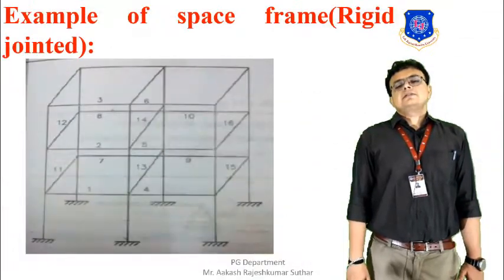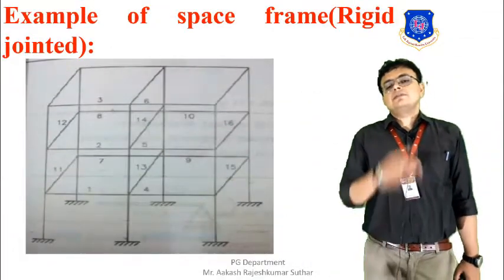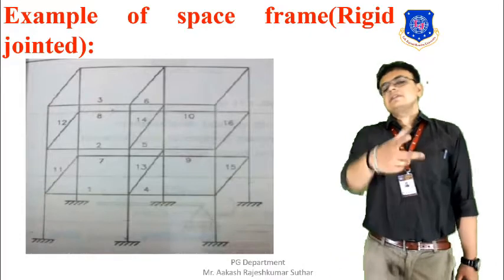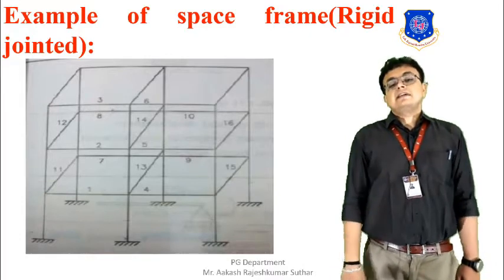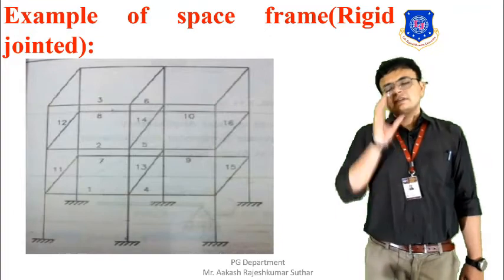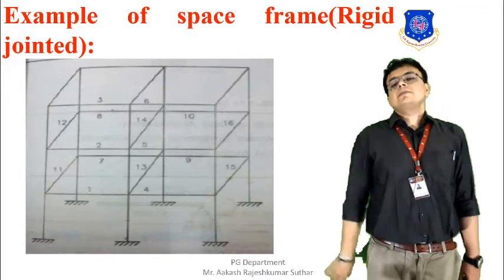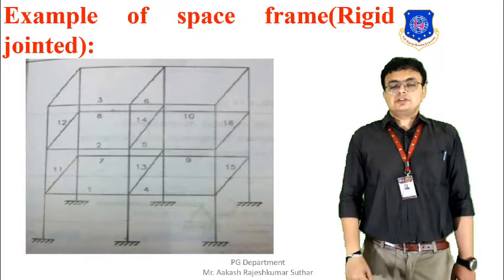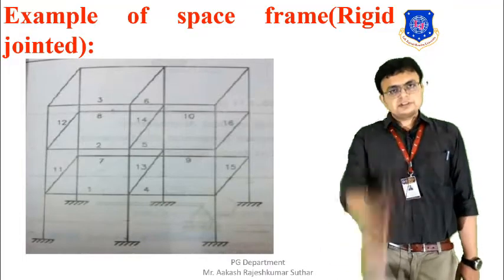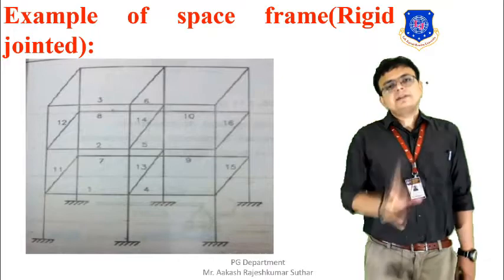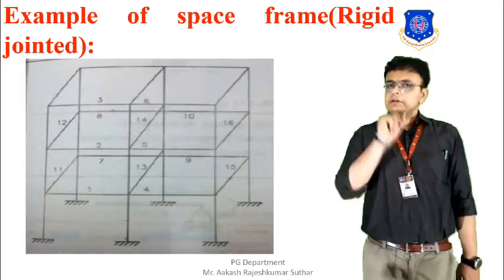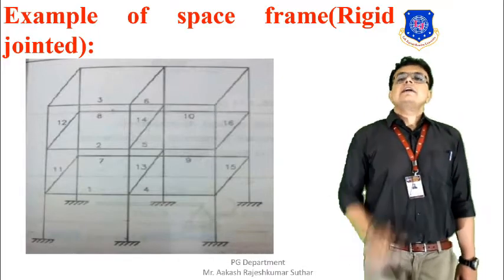For this purpose, we have to see the supports. You can see from the figure that there are 6 fixed supports, and in a fixed support, particularly in a space frame, there will be 6 reactions: all the forces in 3 directions and all the moments in 3 directions. Cumulatively, there will be 6 reactions at each support.